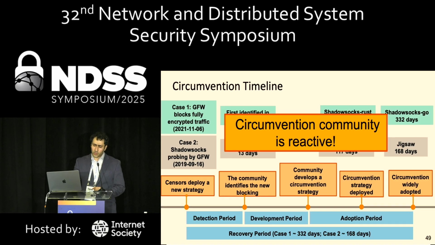I want to say that the circumvention community is mostly, and some people may disagree, mostly reactive to the censors. What I mean by that is that we wait and wait until something happens, some new blocking appears on the internet, and only after that we struggle to find a solution and to fix it, right?